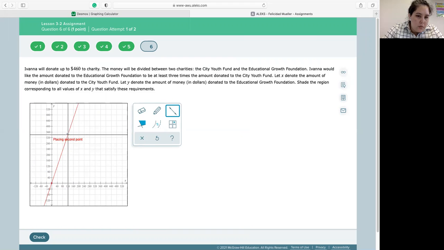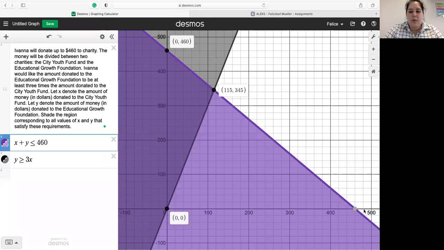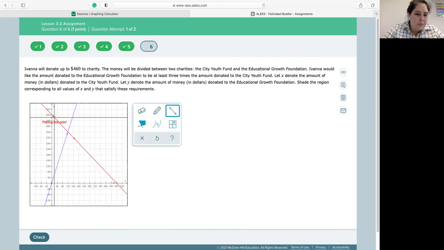It's solid, so I don't need to worry about that. And in purple, 0, 460, and 460, 0. That's a really easy one. I plot the 460, 0 point and the 0, 460 point, and then I'm going to draw my line.